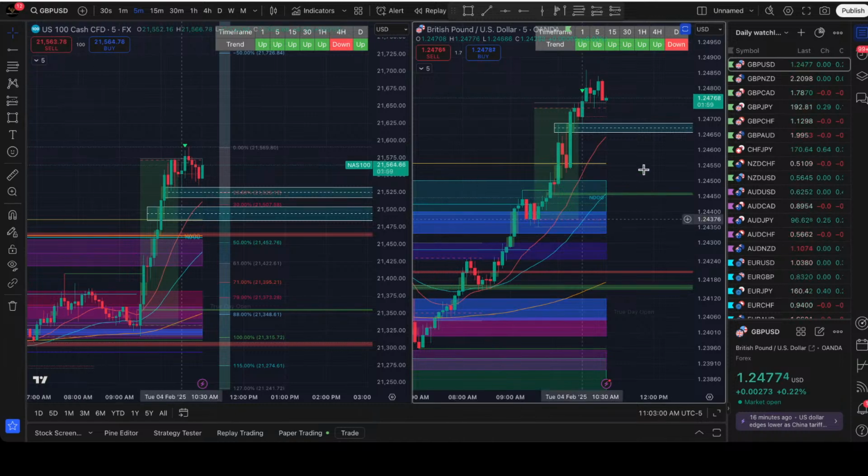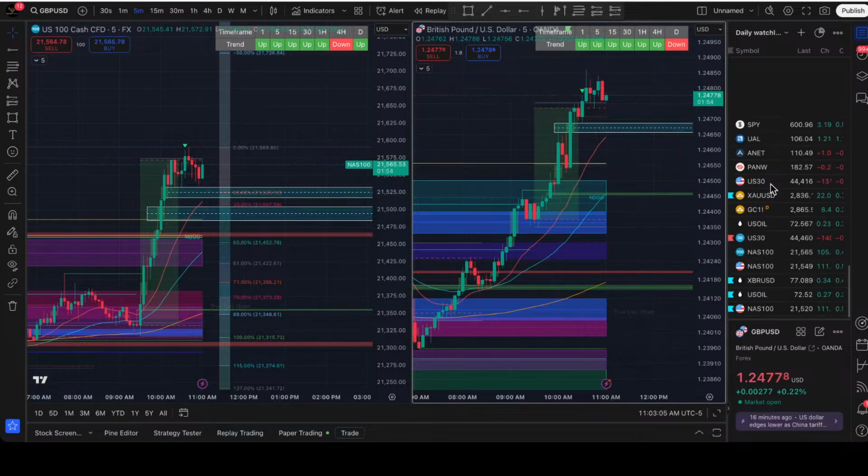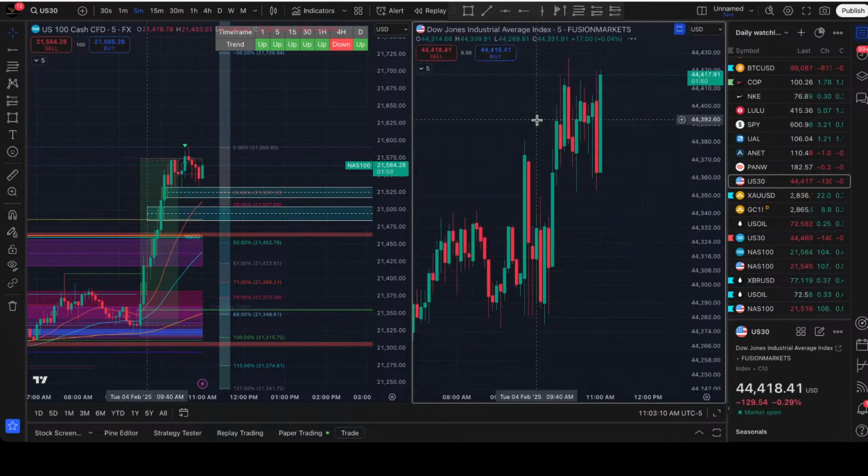No other confirmations as of yet. Let's take a look at US 30 until then, real quick. It was looking interesting earlier.